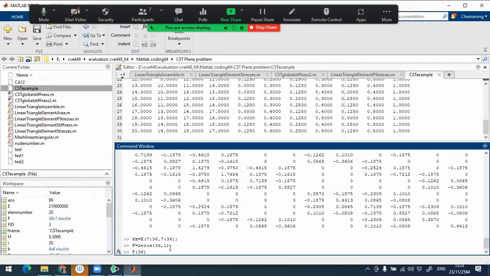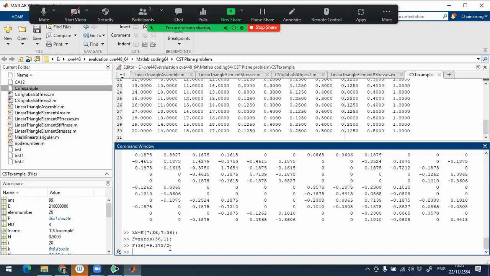Okay, so then the force number 36 should be 9.375 over 2, right? Okay, we already know.